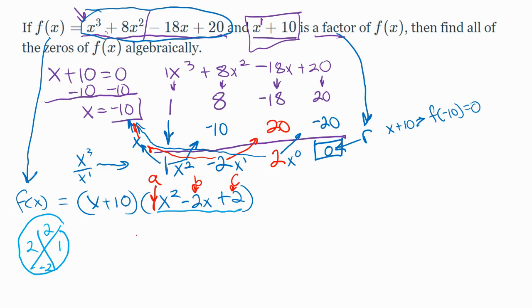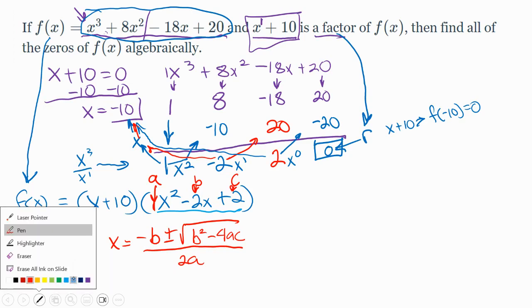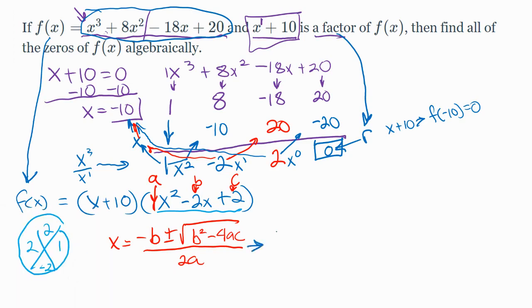So we set up the quadratic formula, x equals negative b plus or minus the square root of b squared minus 4ac all over 2a. We replace each letter appropriately, so it's going to be negative parentheses negative 2 plus or minus the square root of negative 2 squared minus 4 times a times c, all over 2a.